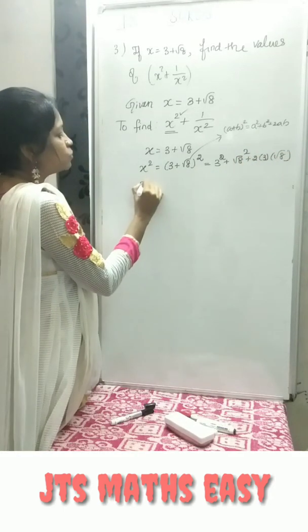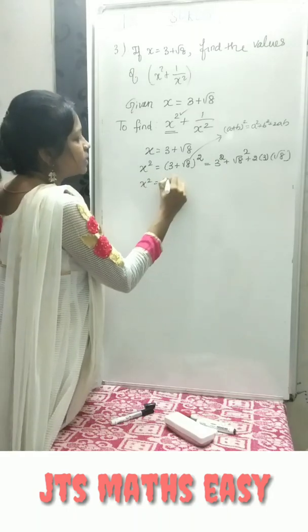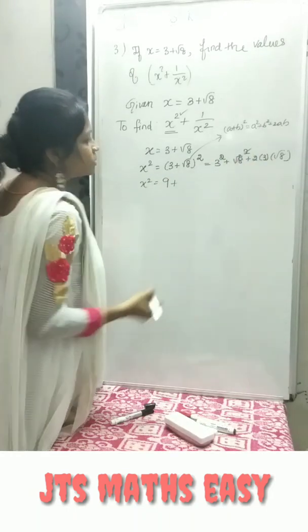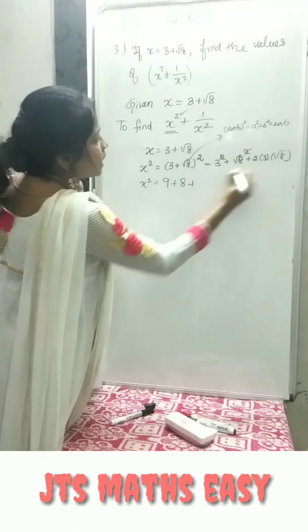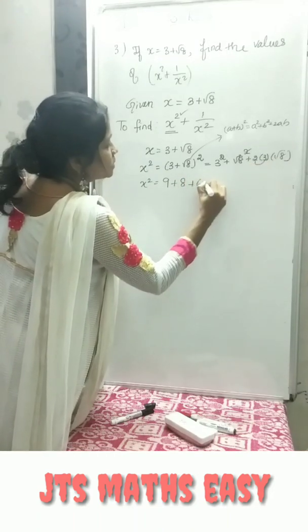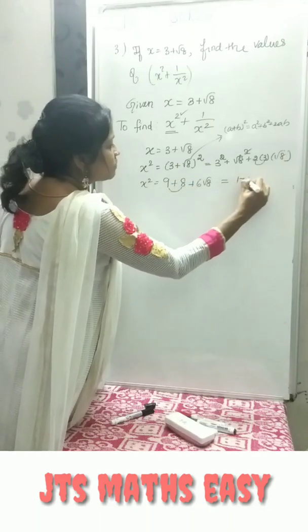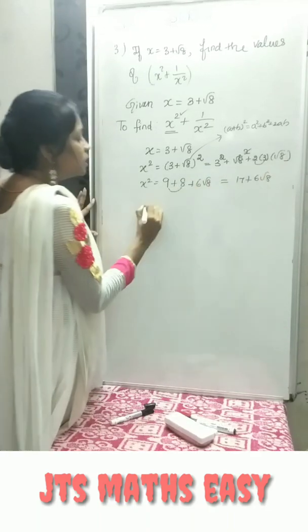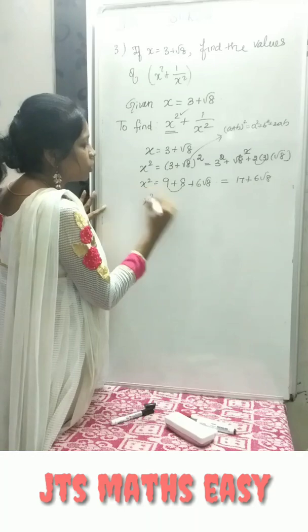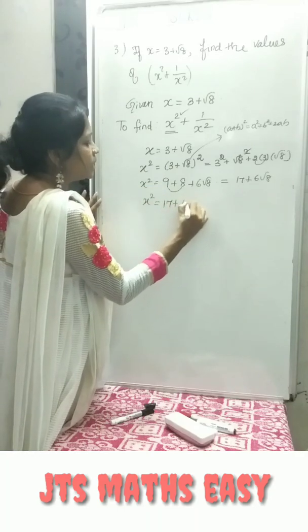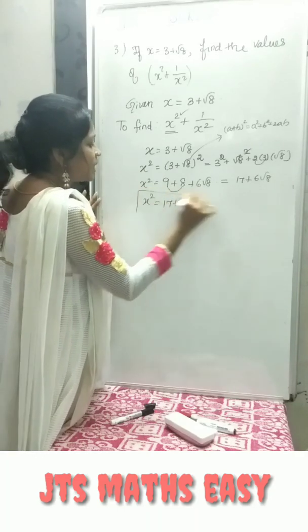Now you have to solve this. 3 square is 9, and here the root and square get cancelled, so 8, and 2 3s are 6 root 8. So that is 9 plus 8, which is 17, plus 6 root 8. This is what you have arrived at for your x square value, 17 plus 6 root 8. Keep it as it is.